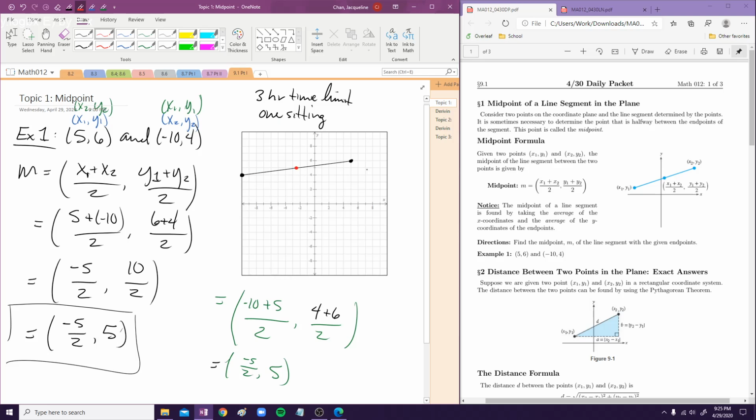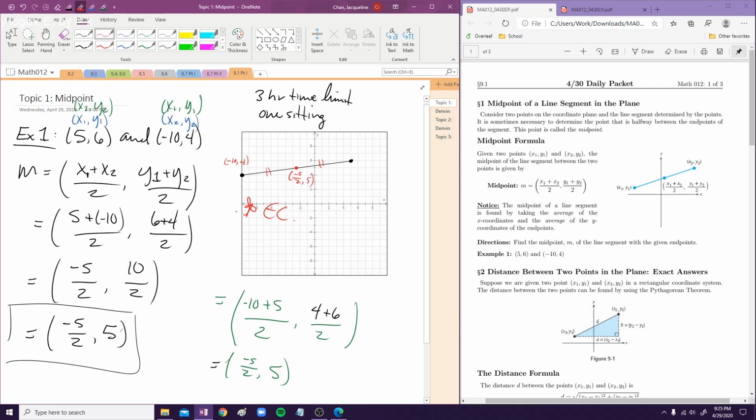Okay, so what is this? The midpoint means that the distance here is the same as the distance here. You'll have to watch the video about the distance, but after we learn what the distance formula is, here's another extra credit. I want you to find the distance between negative 10, 4 and negative 5 over 2, 5.